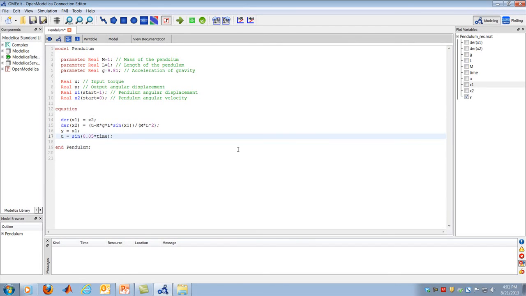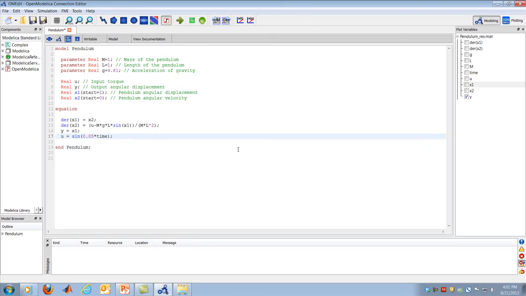And this piece of code has a certain level of numerical accuracy associated with it, and there are ways that you can adjust its numerical accuracy and so on. Those are details that are important, but what I wanted to show you was how to use the Modelica language to represent a model of a very simple dynamic system. There's a lot more to Modelica than this, there's a lot more to OpenModelica than this, but I just wanted to show you the basics.